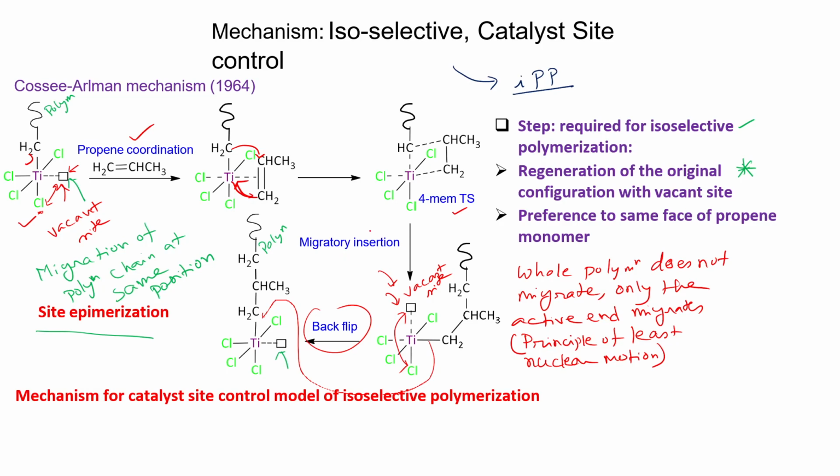Now migratory insertion would happen, which means this particular bond is formed and this bond is split. That's how your migratory insertion happens, and you have this kind of system. So the chain is elongated by one unit.